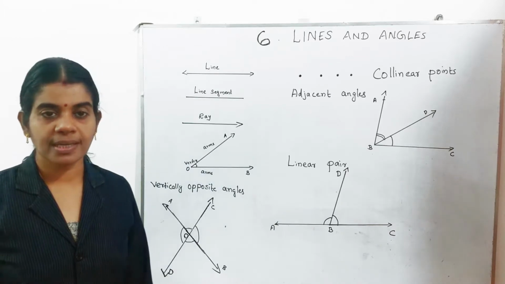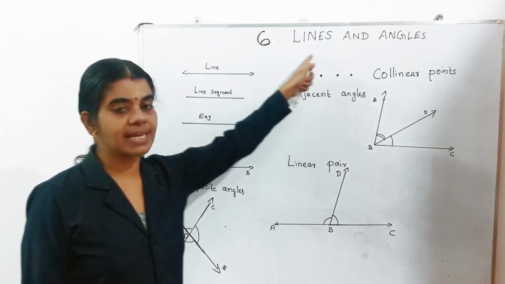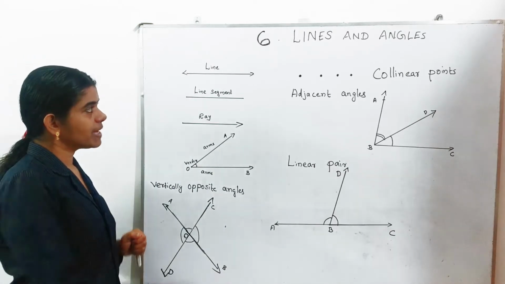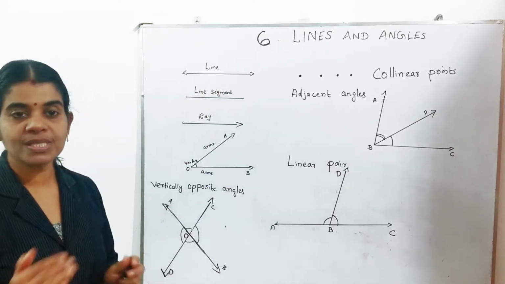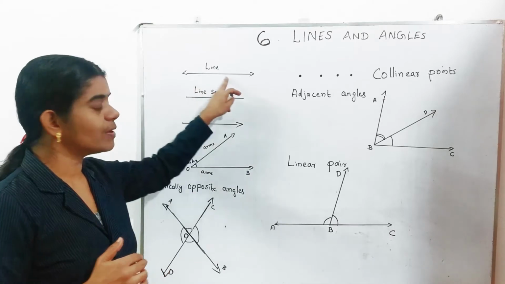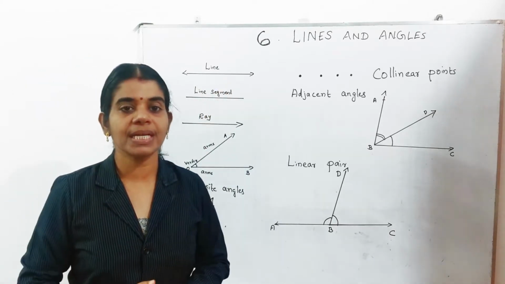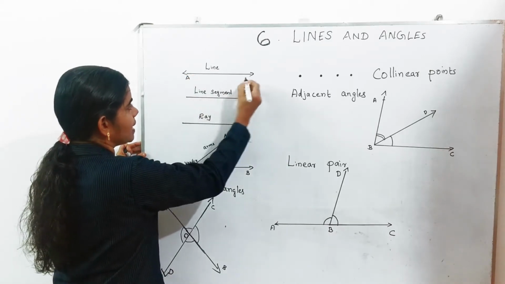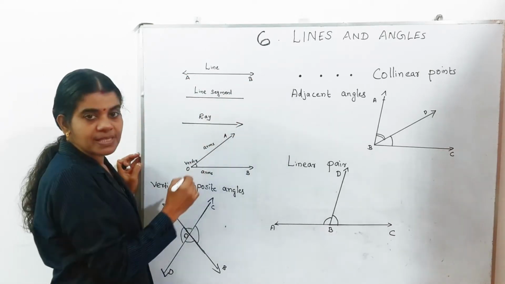Today we are going to start a new lesson, that is lines and angles. You already studied what is meant by a line. A line means both sides are going on, that means a line does not have a definite length. If you are representing line AB, how can we represent this line?